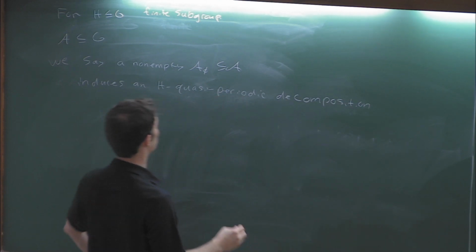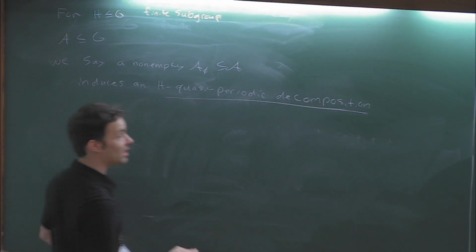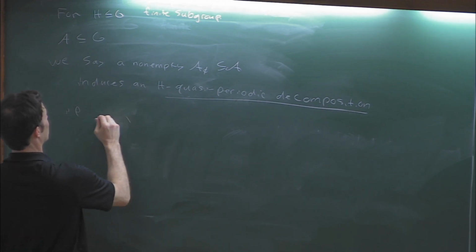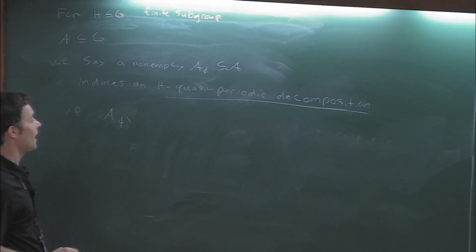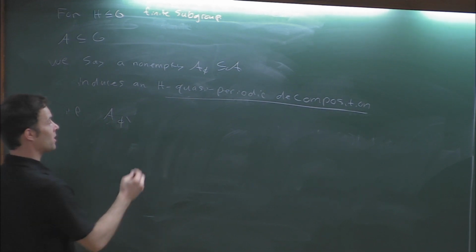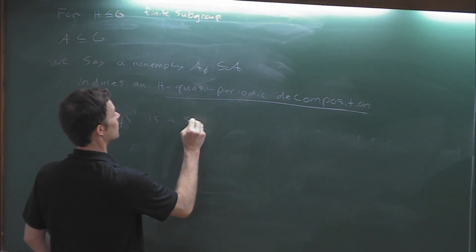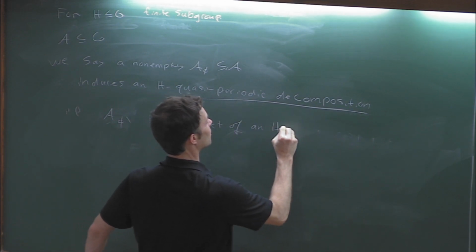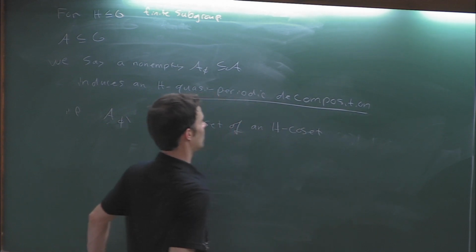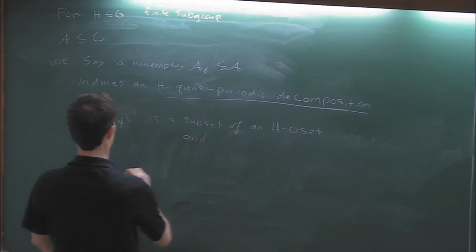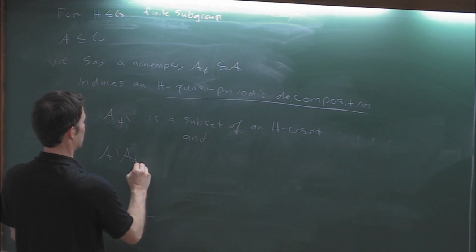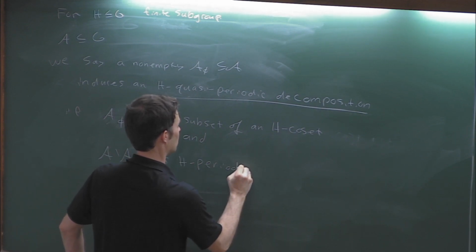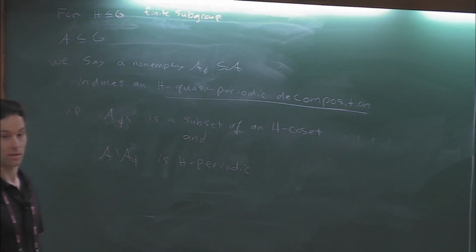I know it's a bit of a mouthful. What does this mean? A naught has to be a subset of an H coset, and A minus A naught is H periodic. That means it's a union of H cosets.